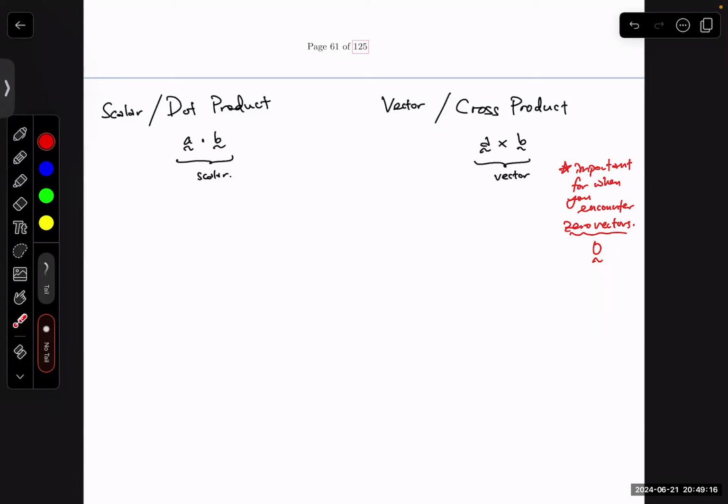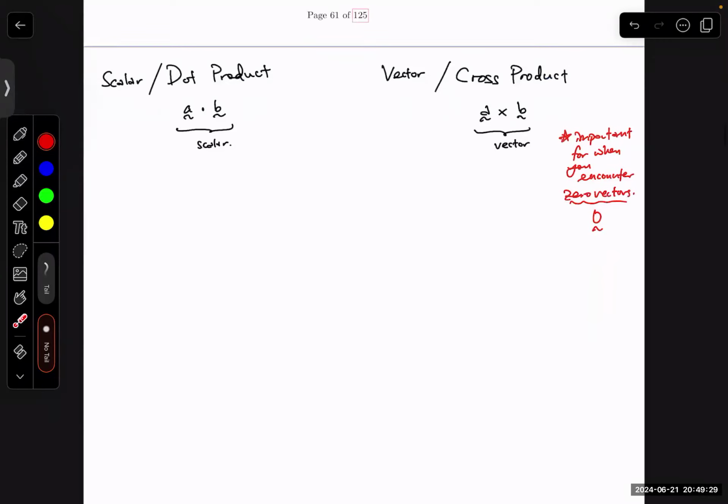I'm not going to talk about that yet. Let's only talk about the picture before we talk about any mathematical formulas or any calculation you can do with these two products.